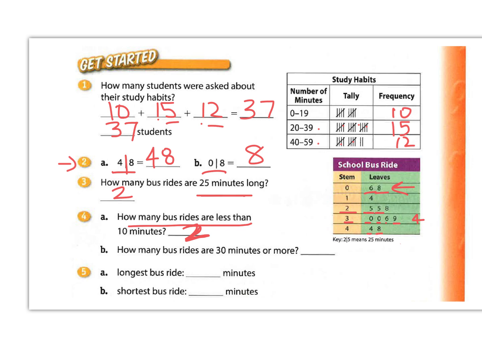And then 44 and 48, so that's 2 more. So 4 plus 2 is 6. There are 6 people that have a bus ride of 30 minutes or more. The longest bus ride would be 48 minutes. Wow. And the shortest bus ride is on this side at the top, 6 minutes.